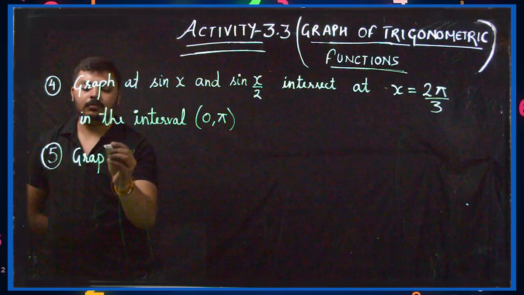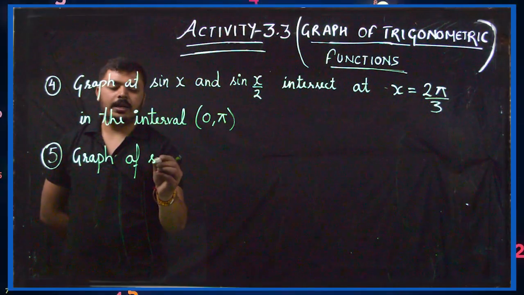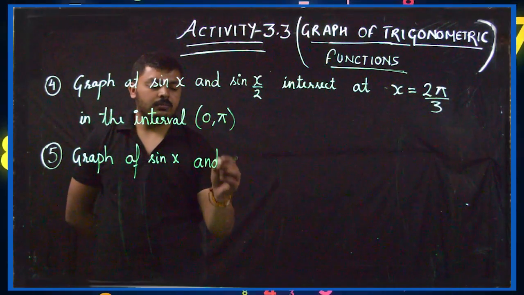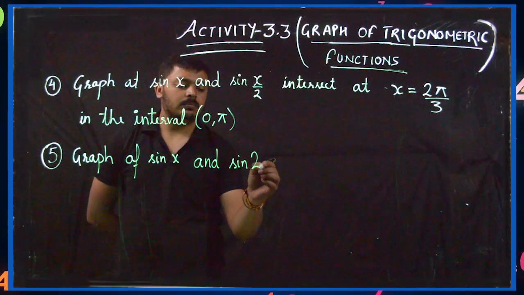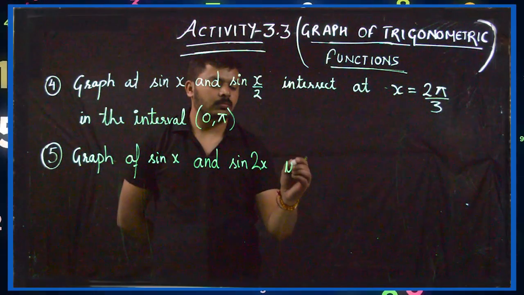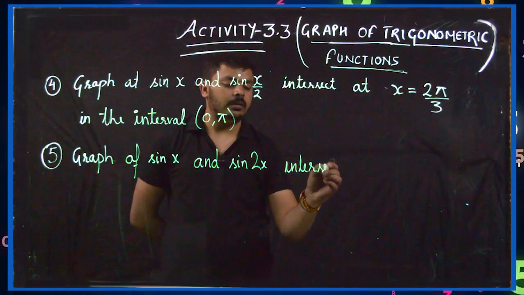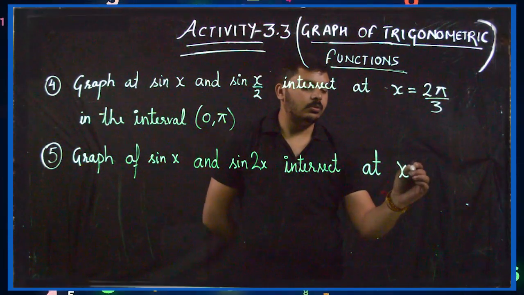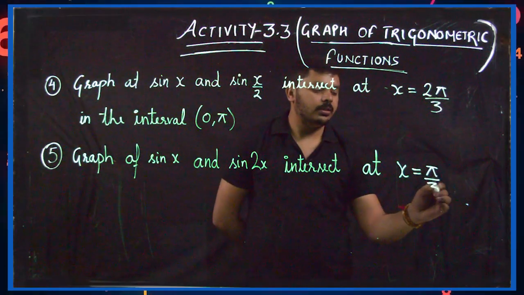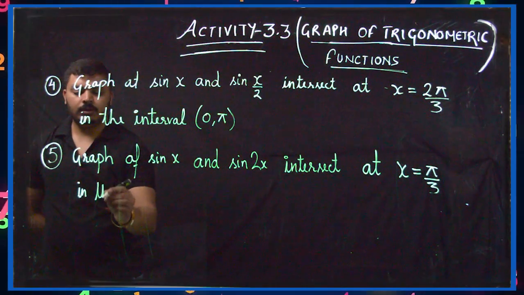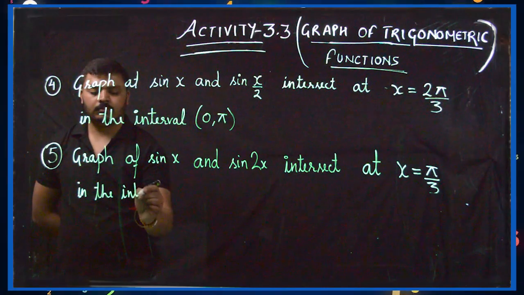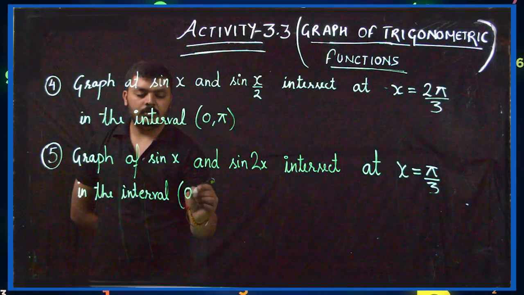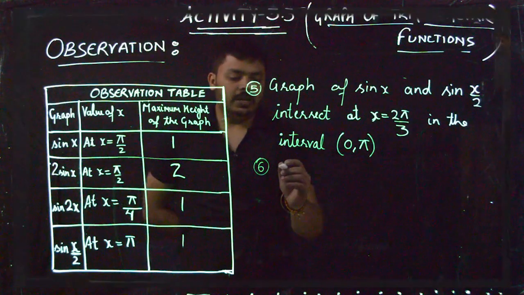Graph of sin x and sin 2x intersect at x equals to pi by 3 in the interval 0 to pi.